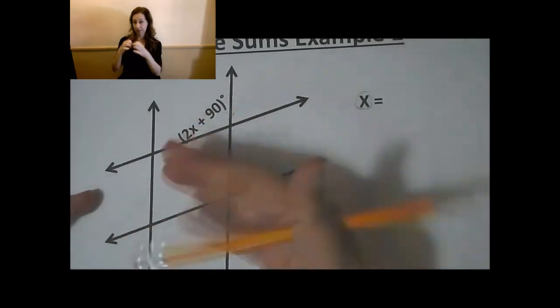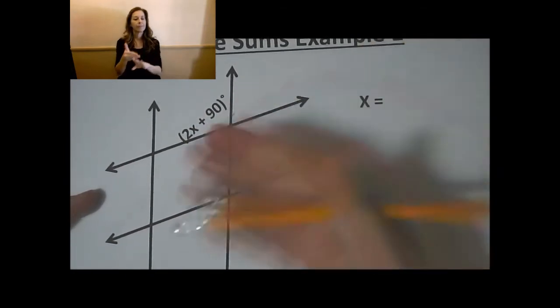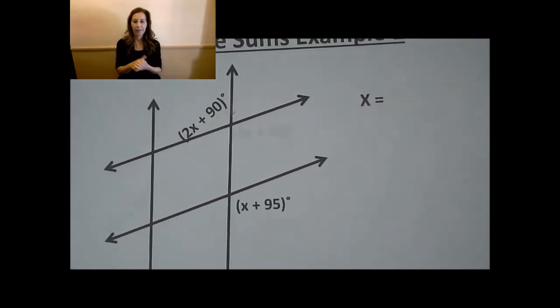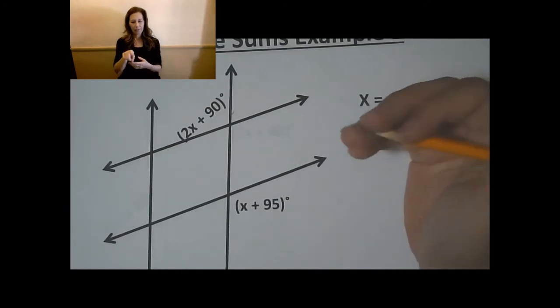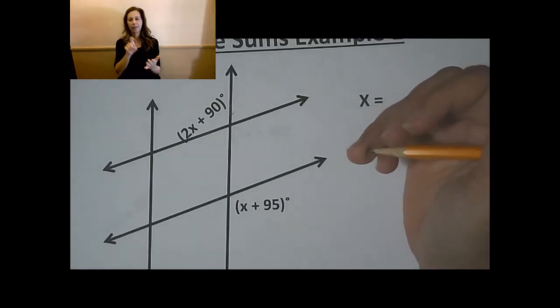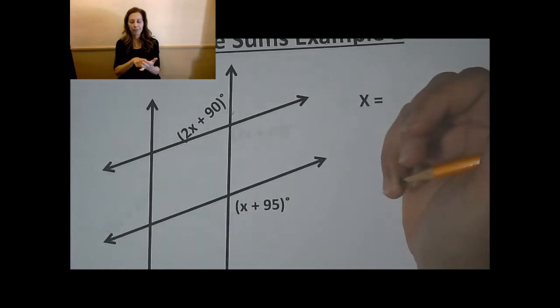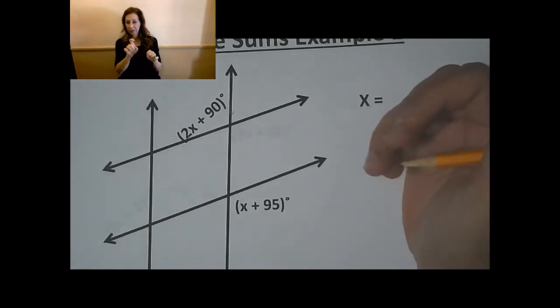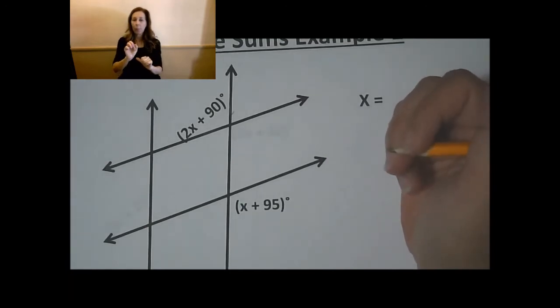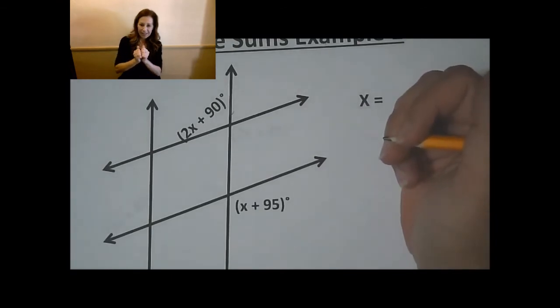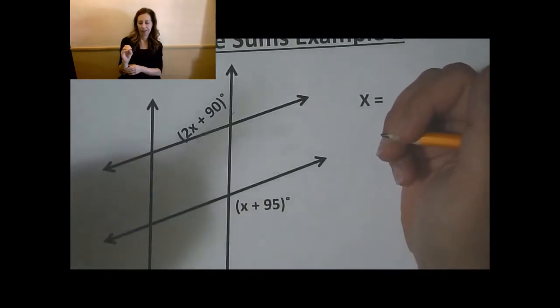Okay, but before we do that, there's things that you need to be able to recognize. You need to recognize if these equations should equal each other, or if they should add together to equal 180 based off where they land.